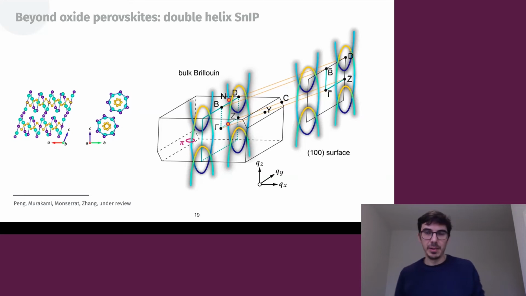And again, this material has some interesting topological features, in this case, nodal rings that are present both in the bulk, as shown by the middle diagram, and then the surface. This is actually the first example of the surface also having nodal rings. So the way in which the symmetry plays with the topology in this material leads to that interesting outcome also in the surface states.